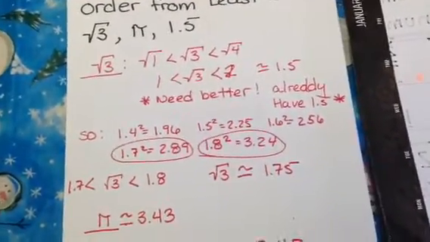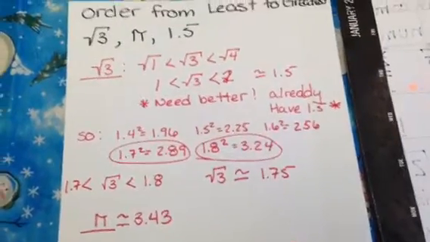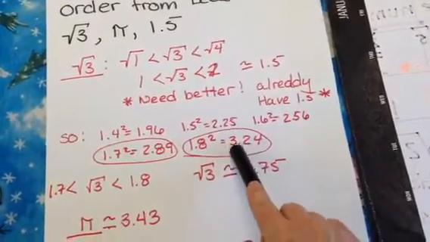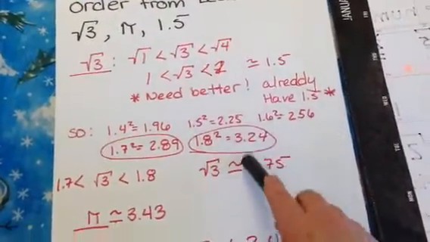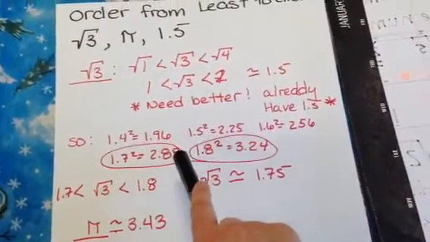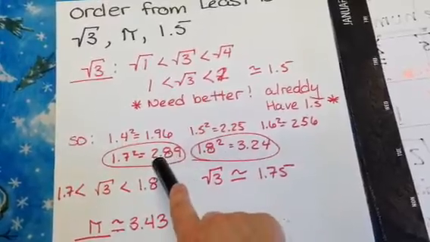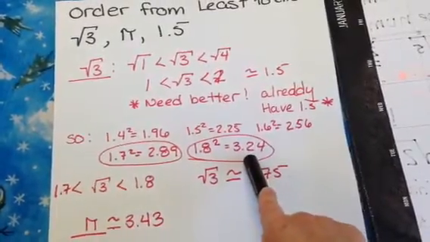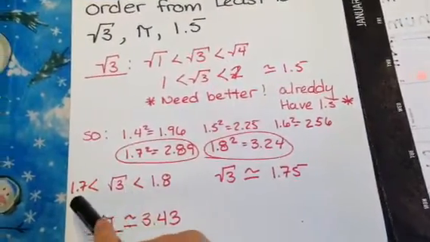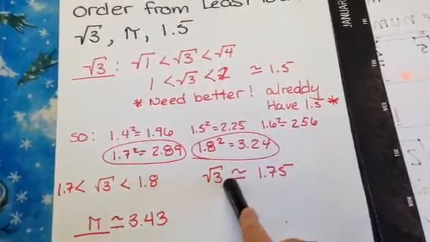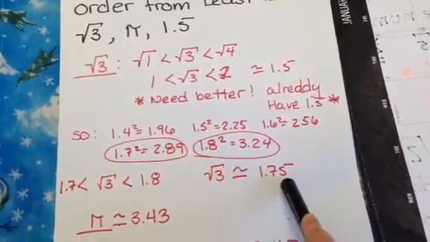And my last row was 1.8 squared, which is 3.24. Notice, I keep going until my answer is bigger than the number I'm taking the square root of. So since 3 is in between 2.89 and 3.24, a better estimate of square root of 3 would be in between 1.7 and 1.8, or 1.75.